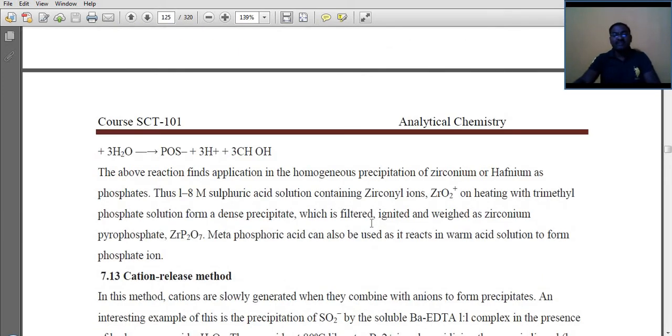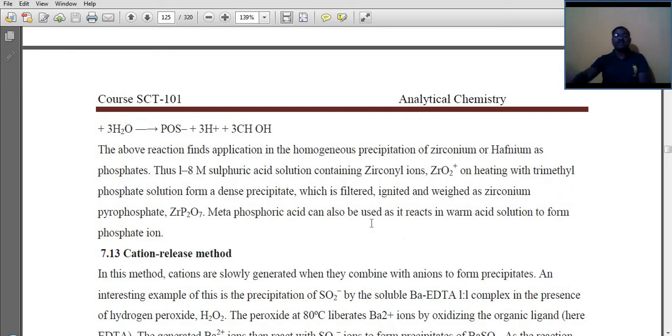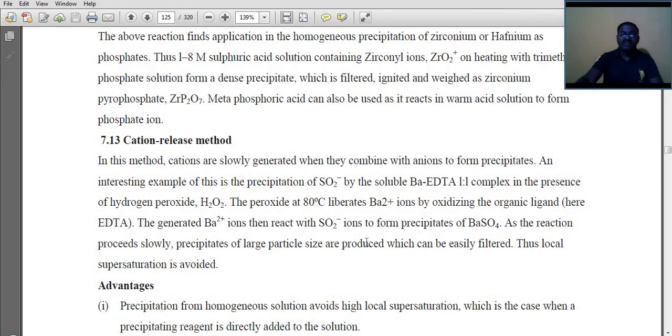These are all the common examples regarding the anion release method. Next we consider the cation release method. In the cation release method, cations are slowly generated, and they combine with anions to form precipitates.